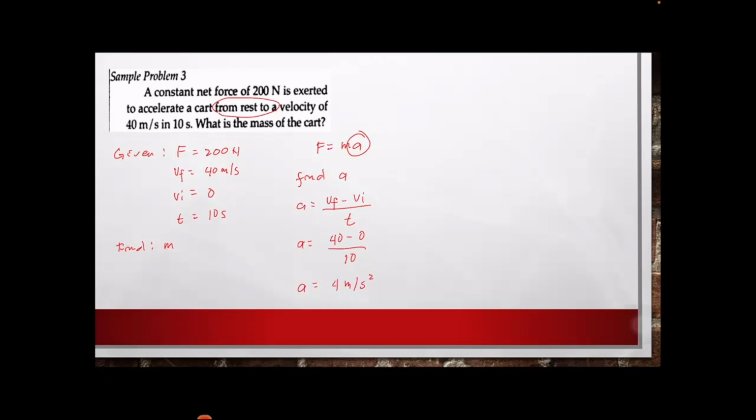And we can now use the formula. F is equal to MA. We have to find for the mass. Our force is 200, M times 4. So, divide by 4. Divide by 4. Cancel out. Yung M natin, what is our M? 200 divided by 4. Yes, Toledo. What's the answer?